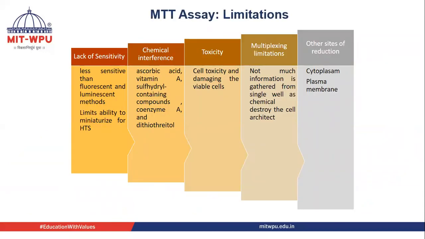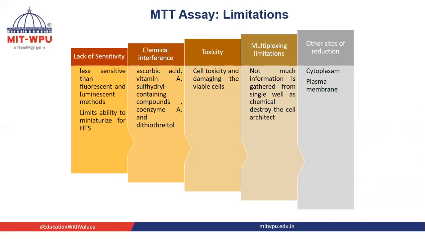The limitations of this assay: first, lack of sensitivity. This method is less sensitive than the fluorescence and luminescent methods, and miniaturization of this assay is not possible. The second limitation is chemical interference. Chemicals like ascorbic acid, vitamin A, sulfhydryl containing compounds, and coenzyme A can interfere in the assay.